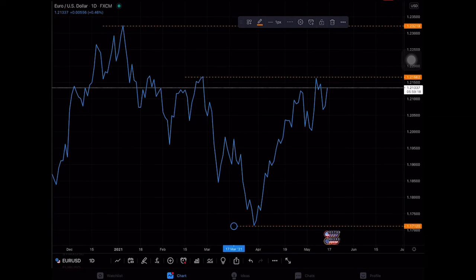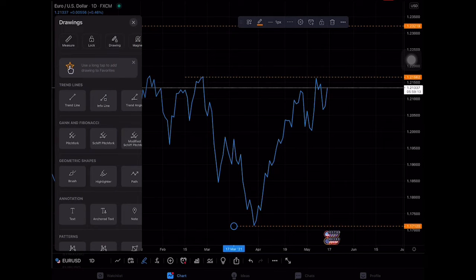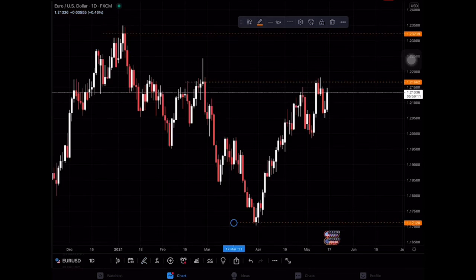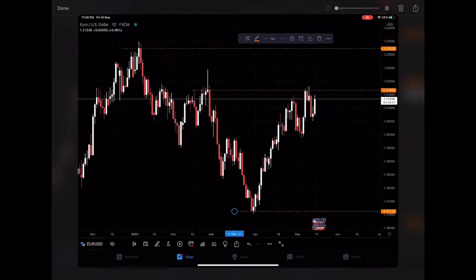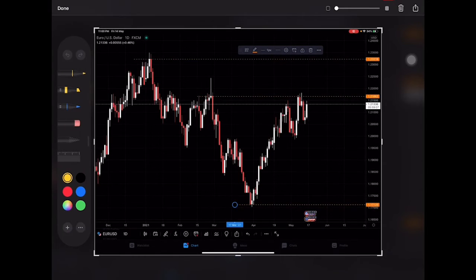So now we already know where our major support and major resistance are. Now we know the direction is from support to resistance. That is our lowest point, this is our highest point. The movement is from support to resistance.